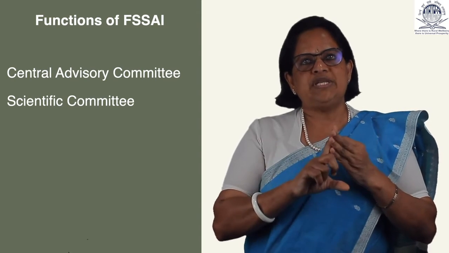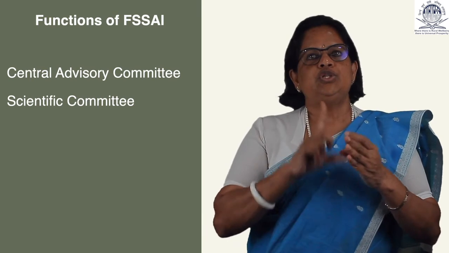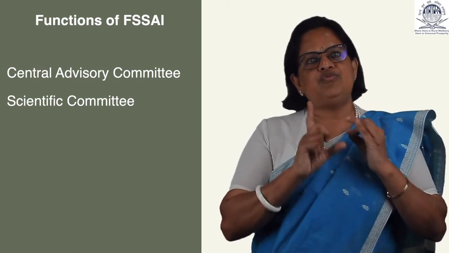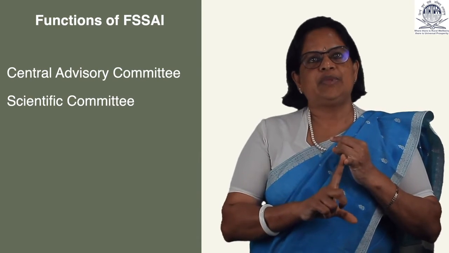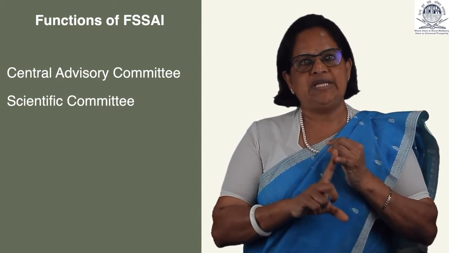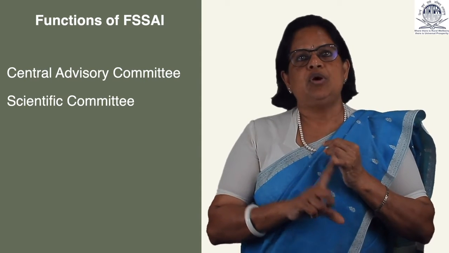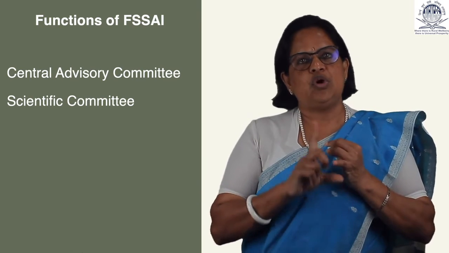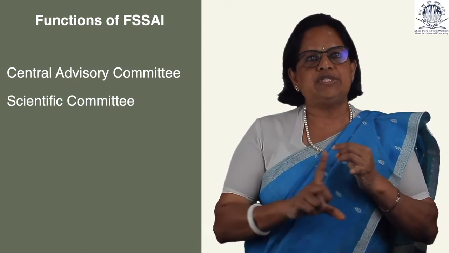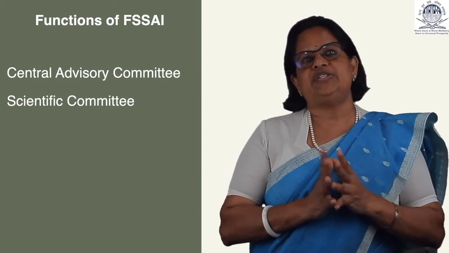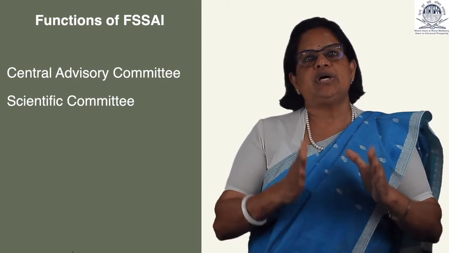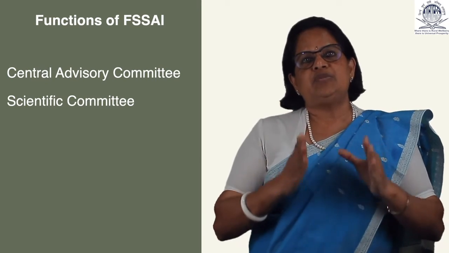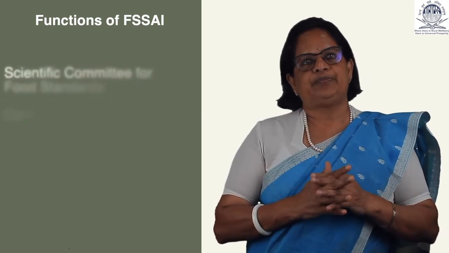Then 2 representatives from food industry, 2 representatives from consumer organizations, 3 eminent food technologists or scientists, 5 members to represent the states and the union territories on rotation basis, 2 persons to represent farmers organizations and 1 person to represent retailers organizations. This shows how central government protects our interests when it comes to food related issues.